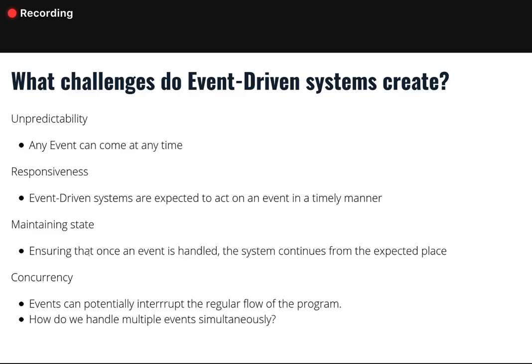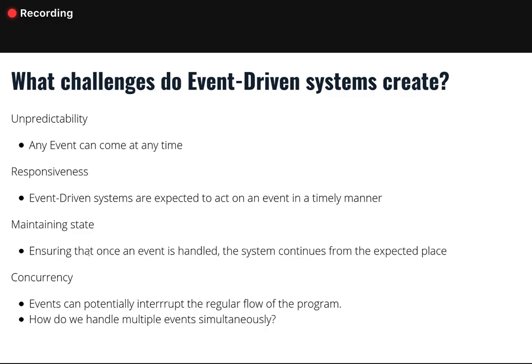Alright, let's take a look. Okay, so unpredictability, and I think this falls into the missing data and maintaining state. The first thing that we need to consider is that any event can theoretically occur at any time in an event-driven system, or at least in the fundamental idea of what makes an event-driven system.